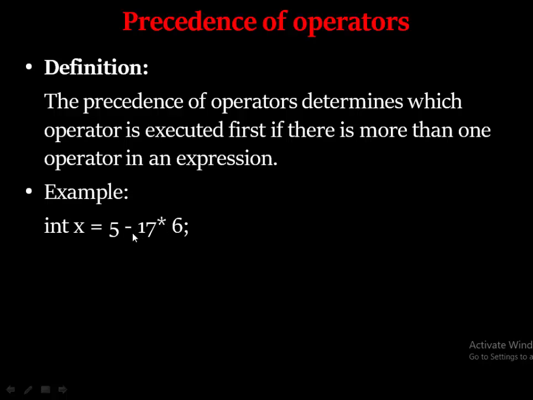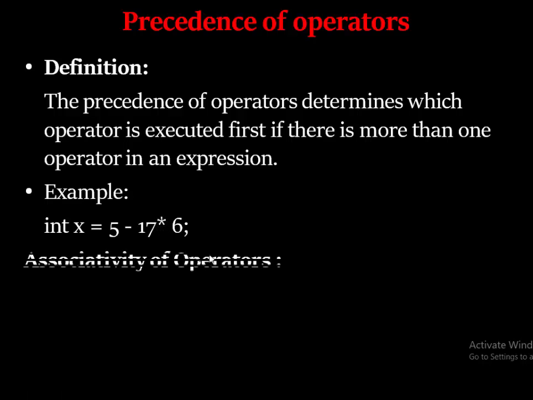There are two operators, so the compiler is going to check the precedence of the operators before evaluating this expression. As I told, in arithmetic operators, multiplication, division and modulus have higher priority than addition and subtraction. So here multiplication has higher priority over the subtraction operator, so this operator is going to be evaluated first.